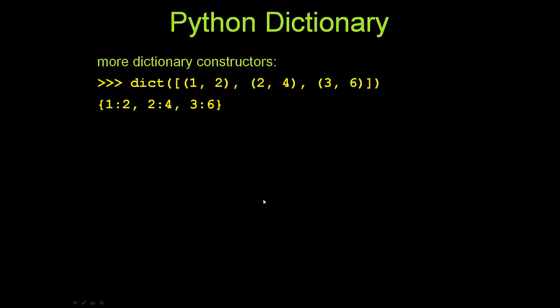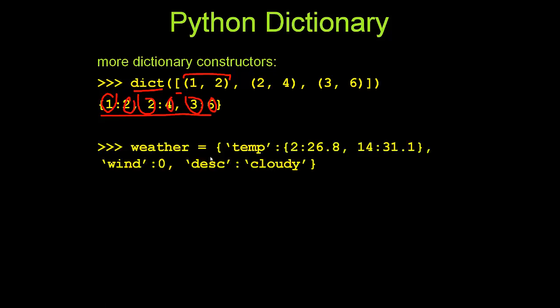You can also use a list of pairs. This is a list, and these pairs are actually tuples, and you can use dict to convert them into a dictionary. So 1, 2, and 3 are keys, and these are the values. Similarly, you can do this. Then you can access the value using the key.